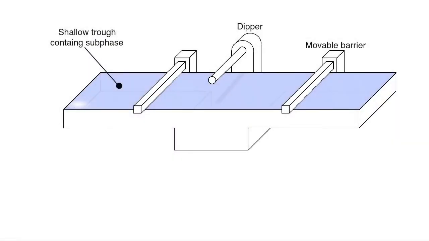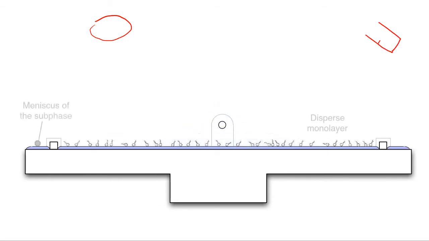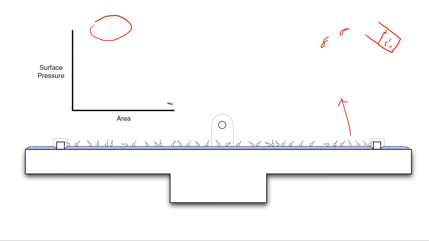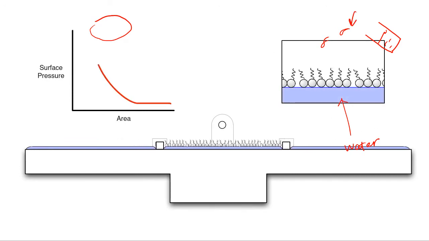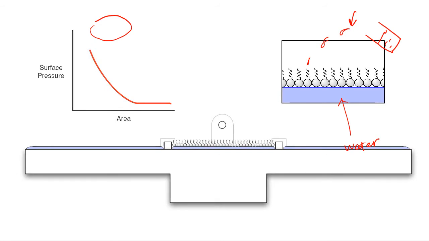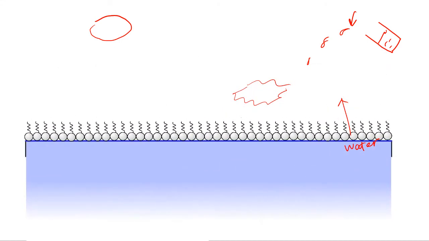So what Langmuir did was, using this apparatus, which he called a trough, he dropped a few drops of his solution of carboxylic acid on top of the surface of the trough, and here is the water. And when this organic solution was dropped on top of the water, it smeared on top of the water.